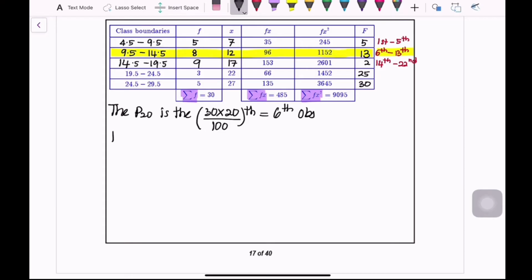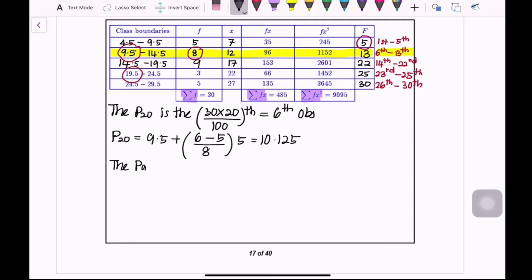By using the formula, P20 is equal to the lower boundary for the class P20, which is 9.5, plus n times k over 100, which is equal to 6, minus the cumulative frequency before class P20, which is 5, over the frequency for class of P20, which is 8, times C, which is equal to 5. So P20 is 10.125.